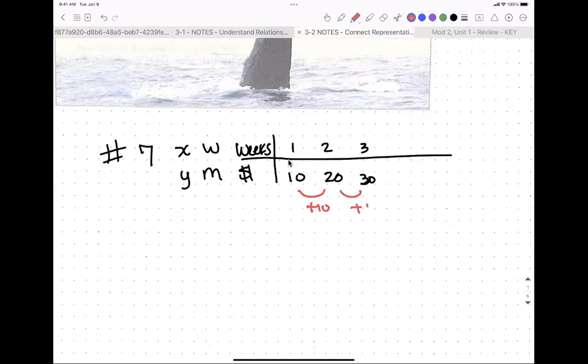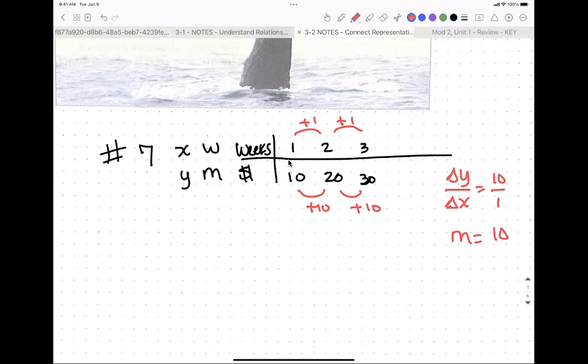I go up 10 every time on my Y, and on my X, I go up 1 every time. So my slope is my change in Y over my change in X, or 10 over 1. So in this example, my slope would be 10.